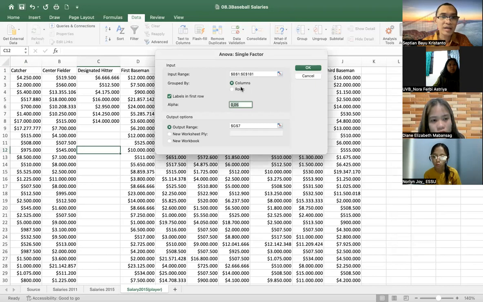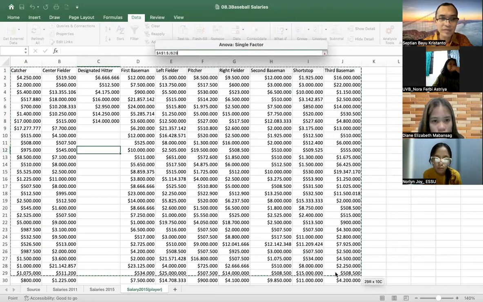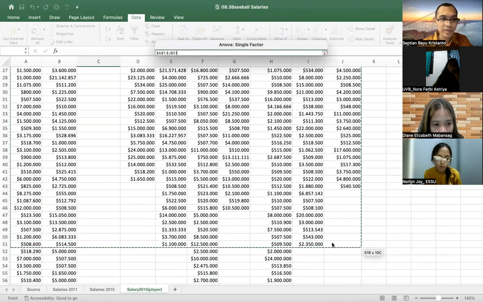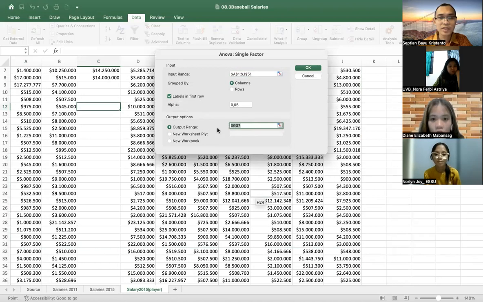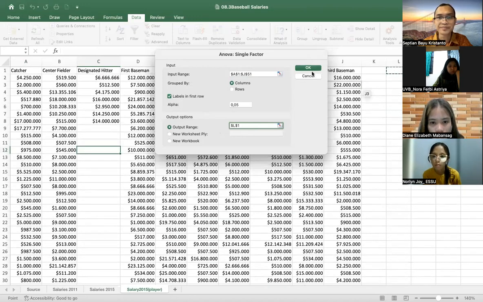We can block our sample of data, so we need to block the first 50 players only. So it could be n is 51 because the first row is the label. And for the output, I will take it in L2, L1.